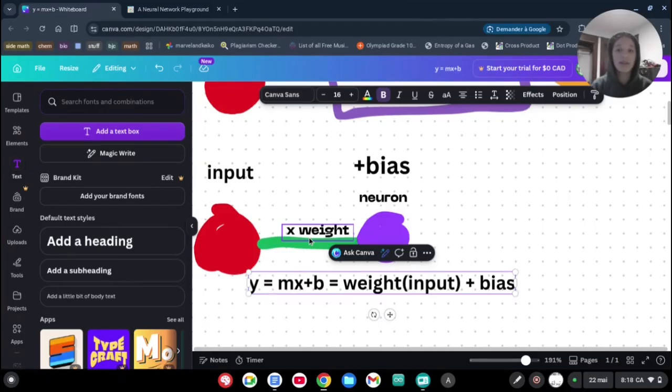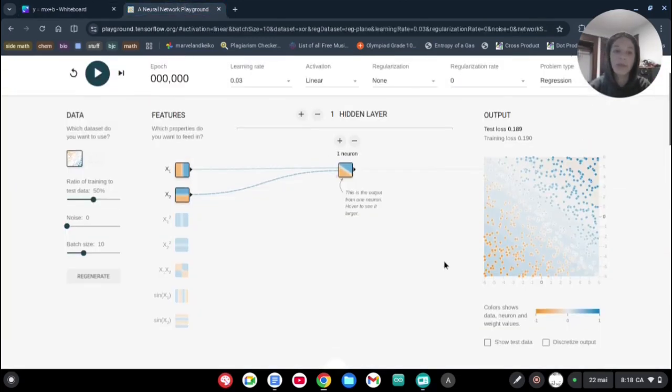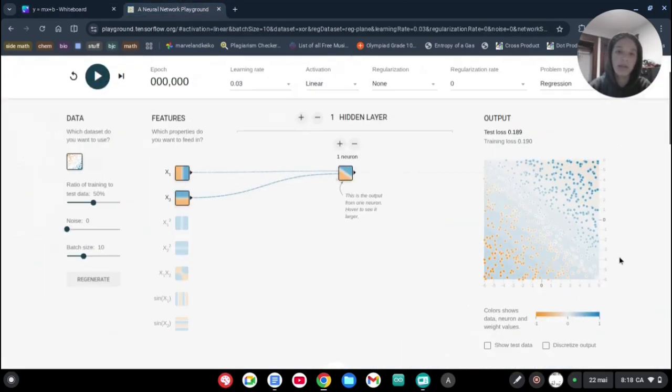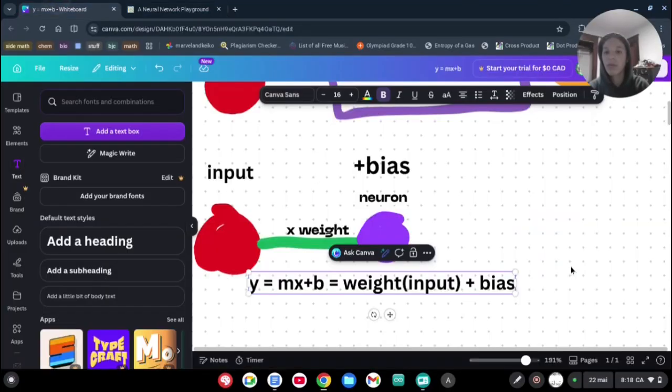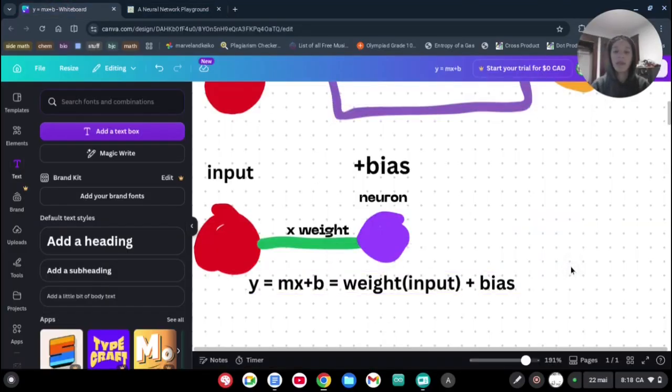And so if we were trying to learn a super simple function, I guess, if we were just trying to learn a linear function to begin with, right?